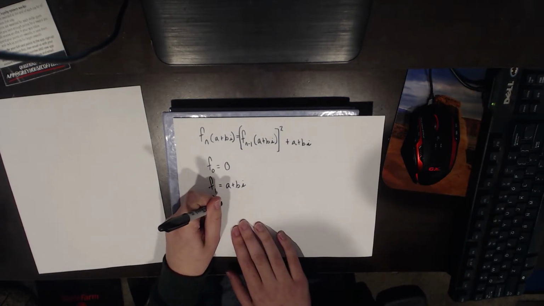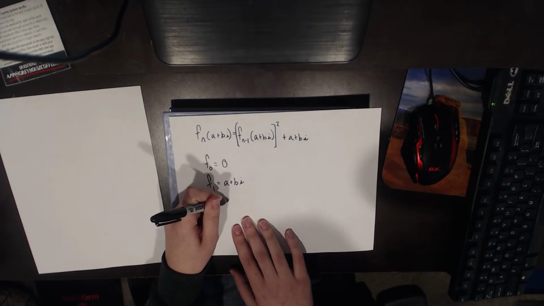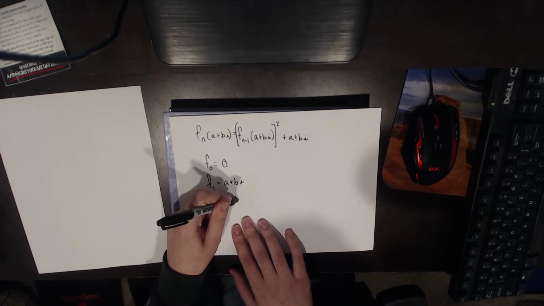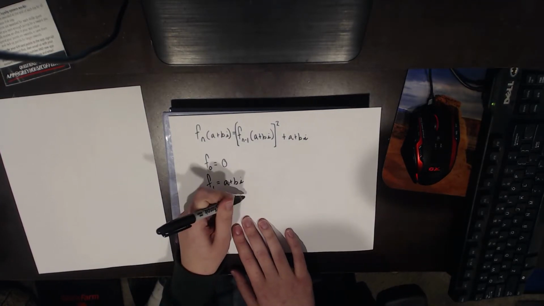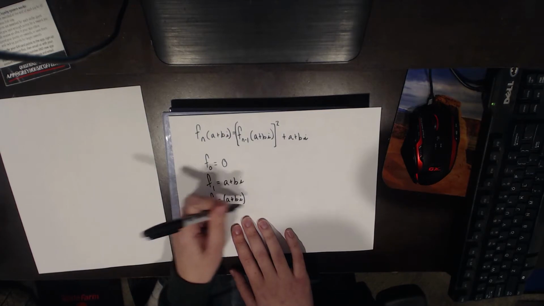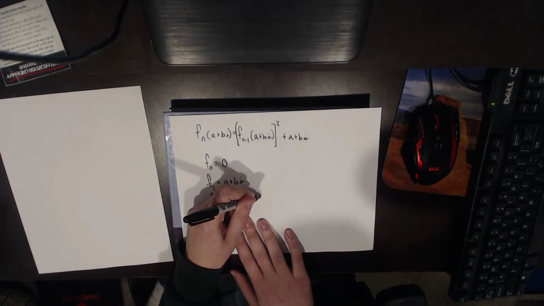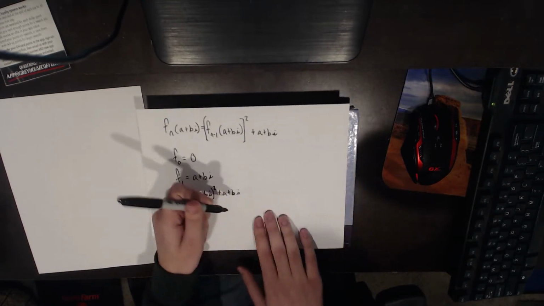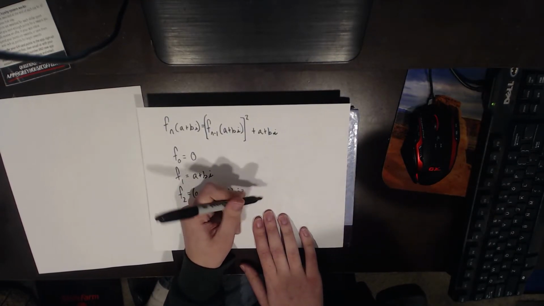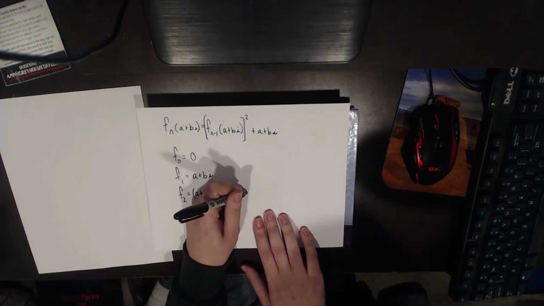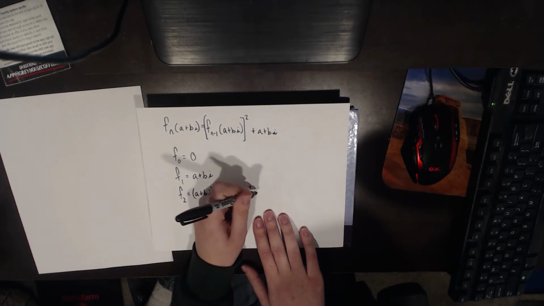So the first iteration is simply the complex point that we are looking at, a plus bi, and the second iteration then is the first iteration, a plus bi, the quantity squared, plus a plus bi.